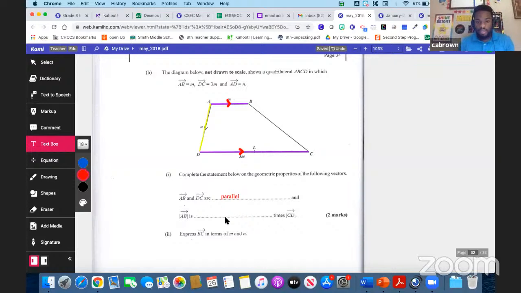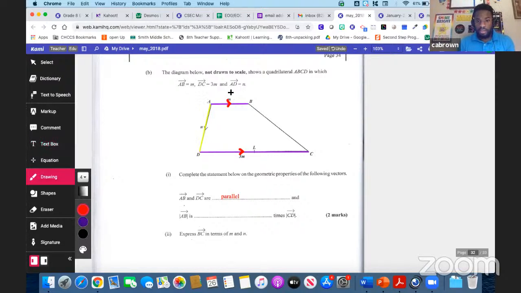And AB is how many times CD? Well, AB was given as m and DC was given as 3m. Think about it. AD is just m, which is 1, and DC is 3 times that, which means let's break it up into 3 pieces: 1, 2, 3. So AB is 1 out of the 3.